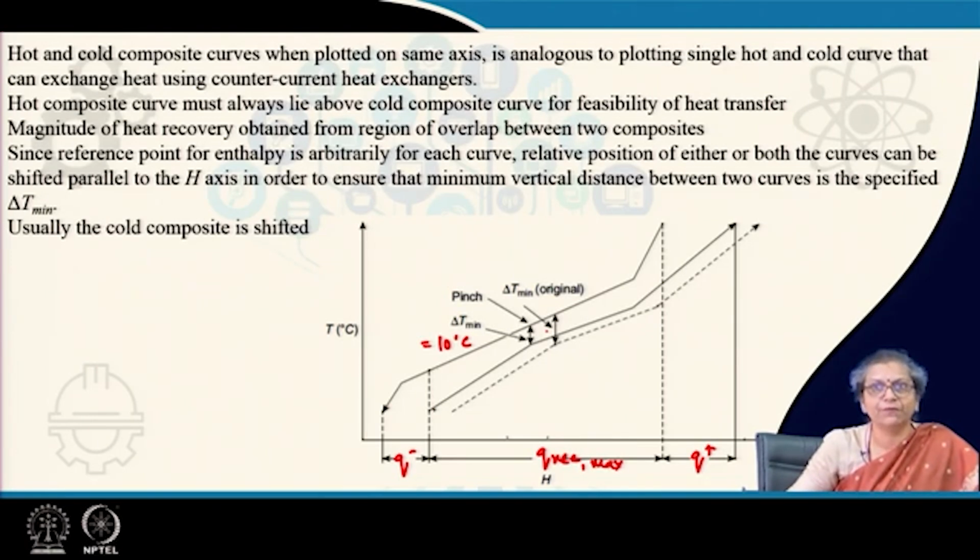We have to keep in mind that for every heat exchanger, for any particular terminal point, the temperature difference should not be lower than the delta T min which is specified for the problem, right.